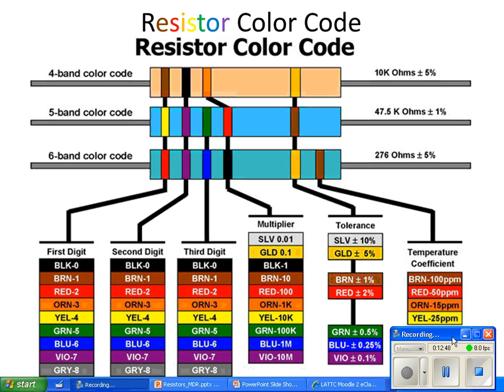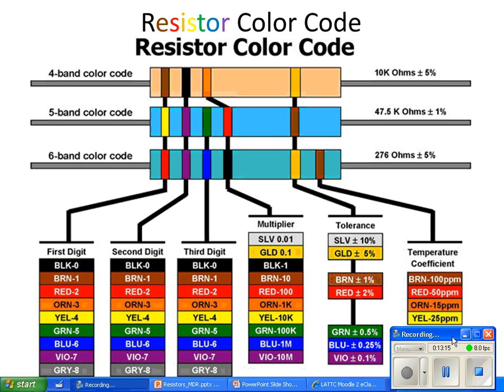Okay, so once again, our numbers are on the far left. The first 2 numbers are always the first and second digit of the number. The third one is sometimes a digit of the number, and sometimes it's a multiplier. If it's only a 4-band, the third one is the multiplier. The last one is the odd duck in the group.